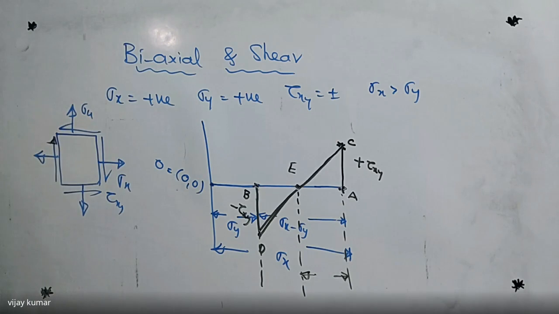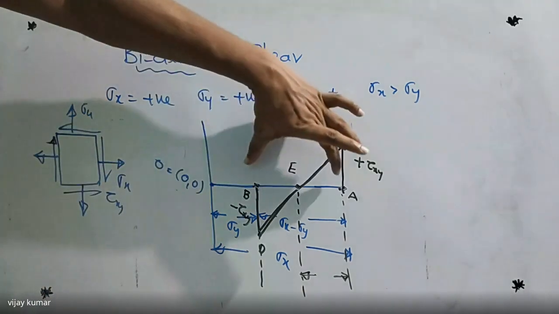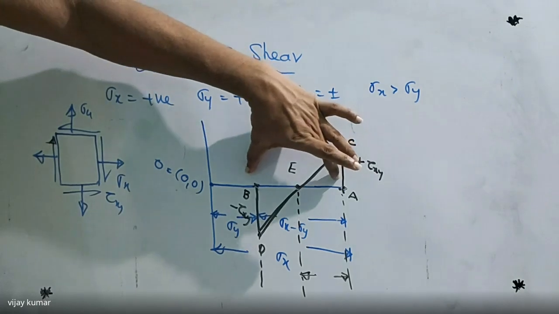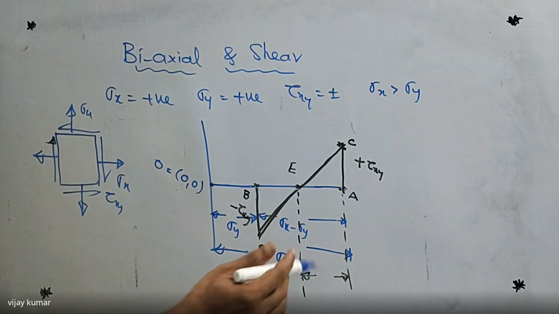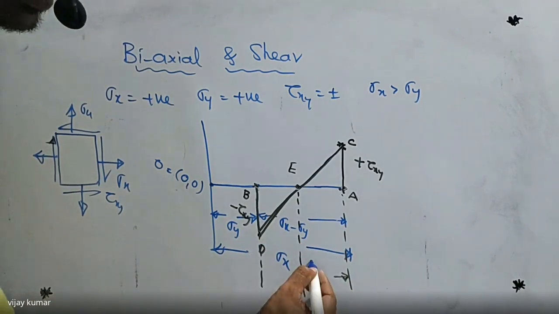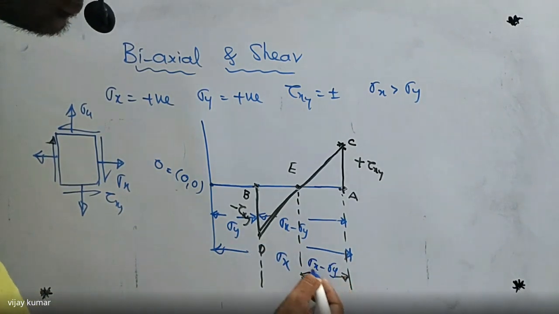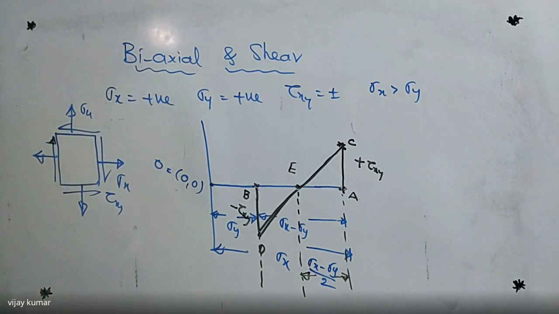Both are the same. What is that value here? This entire length is sigma x minus sigma y, so half of that value is sigma x minus sigma y by 2. This value is also the same.